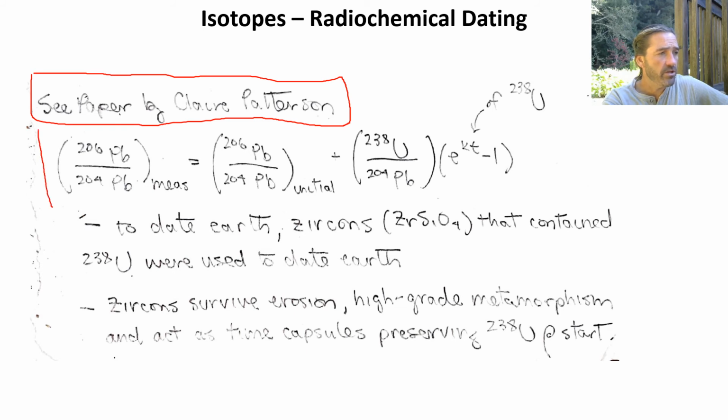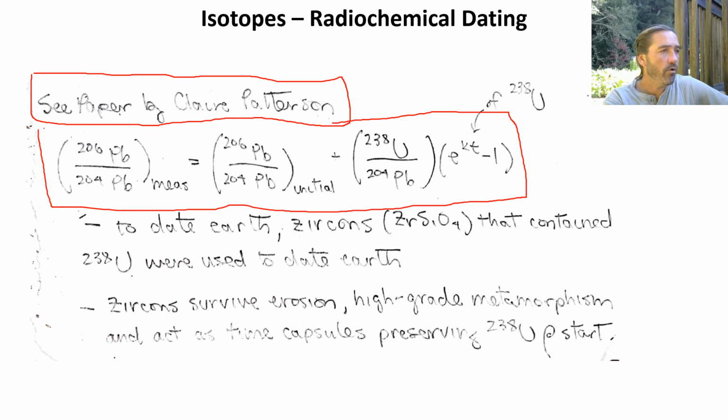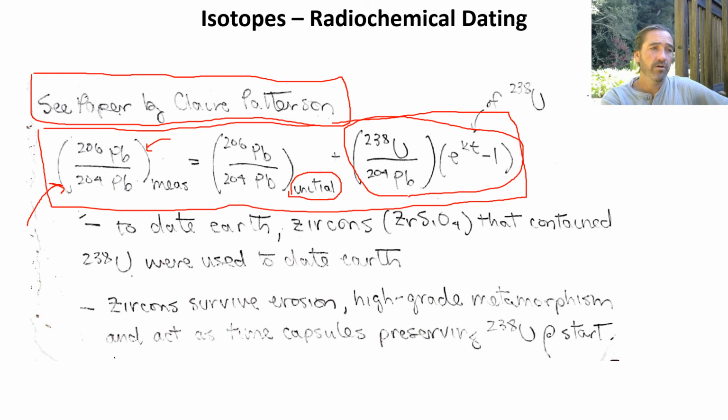He used this relationship, which we won't do calculations, but you do see that it incorporates the non-radiogenic lead-204, which again has not changed over time since the formation of the Earth, and lead-206, which some of it could be from the beginning, meaning it had always been here, but other parts of it could be due to uranium-238 decay.